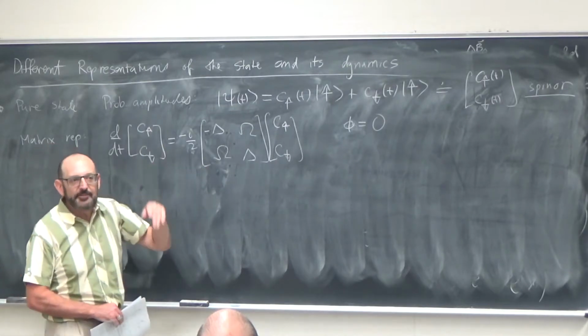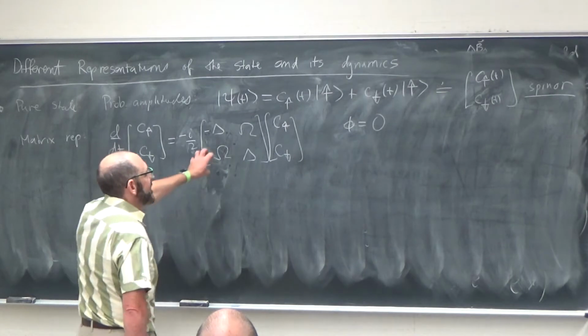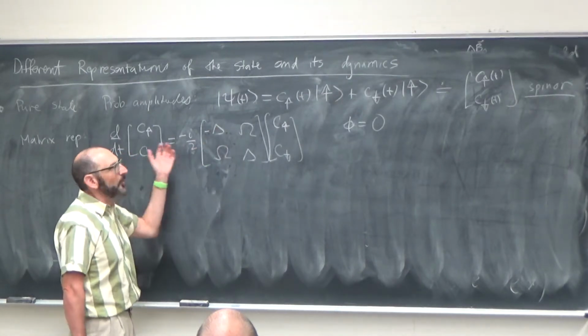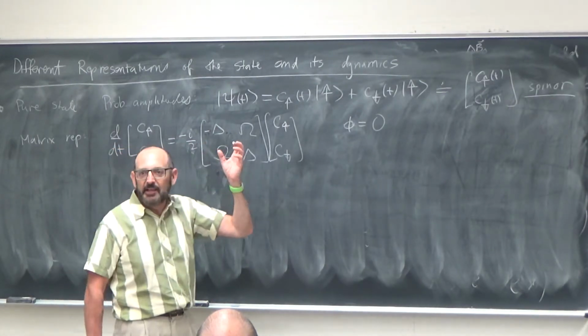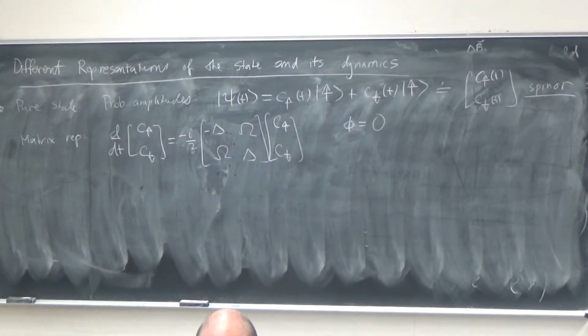We solved this by exponentiating this matrix. We could also solve it by solving a coupled set of ODEs. And we would get exactly the same equations. Or at least we would get the same solution. Yes, sir? So this is just for phi equals 0. That's right.